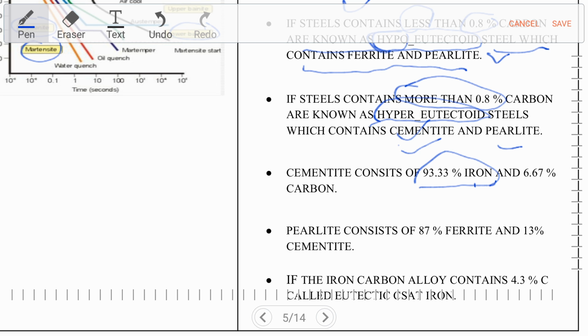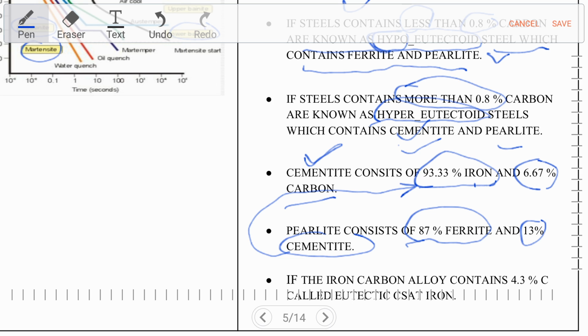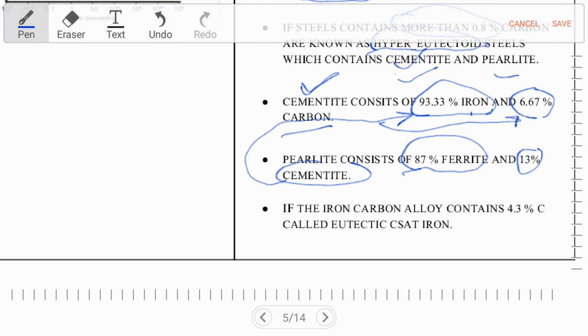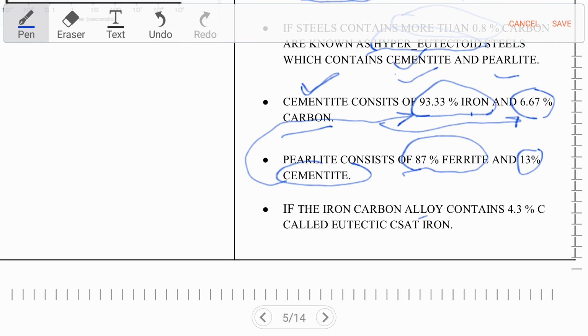Cementite contains 93.33 percent iron and 6.67 percent carbon. Pearlite consists of 87 percent ferrite and 13 percent cementite. As you know, cementite has 93.33 percent iron and 6.67 percent carbon. Next point, if the iron carbon alloy contains 4.3 percent carbon, it is called eutectic cast iron.